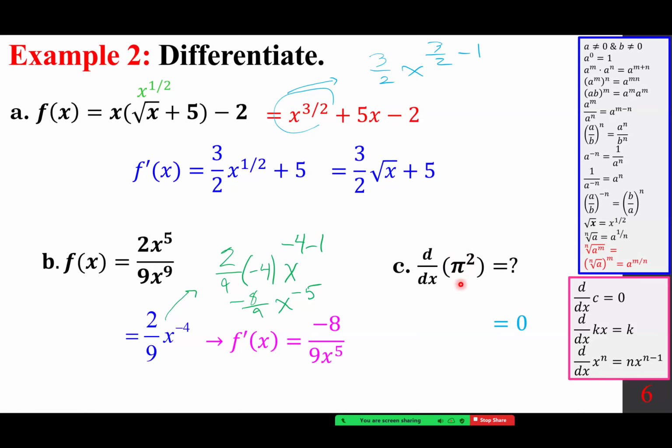Notice this is a number. Because it's a value squared, it's going to give you a value, and any value's derivative is 0. The derivative of any constant, any number, is 0. Okay. Excellent. Does that make sense? Yeah, that makes sense. Perfect.